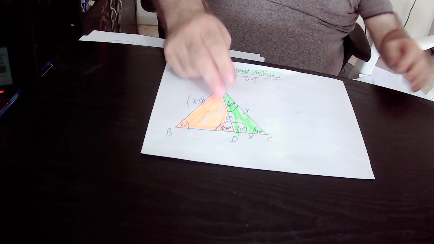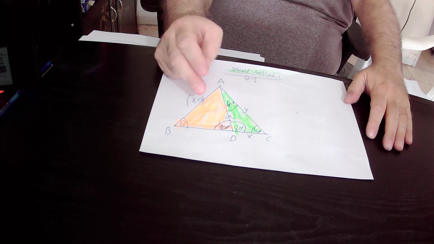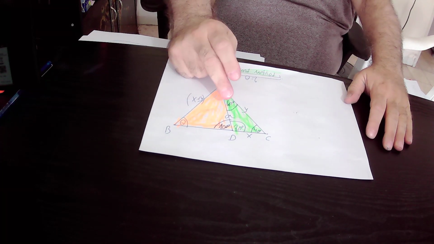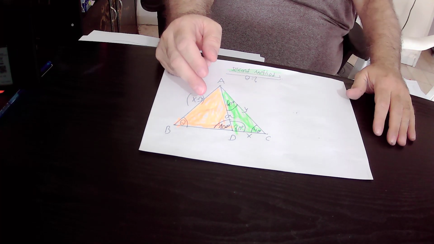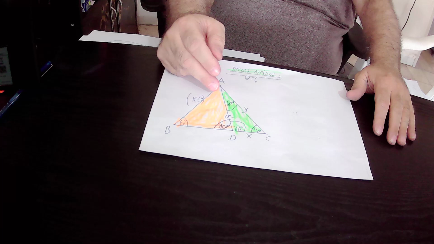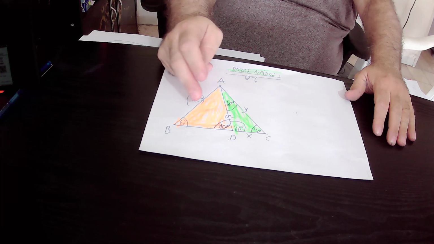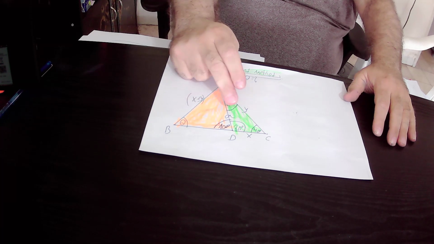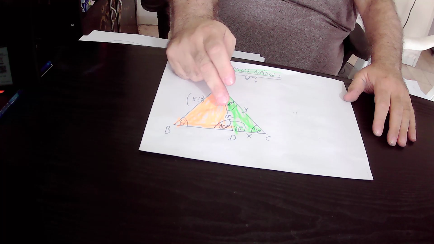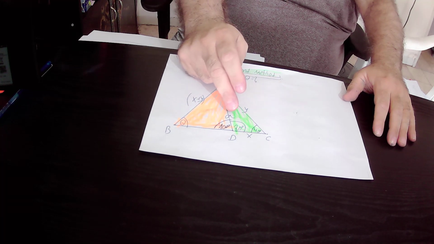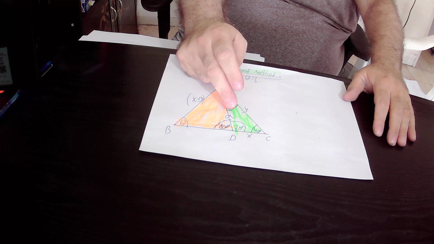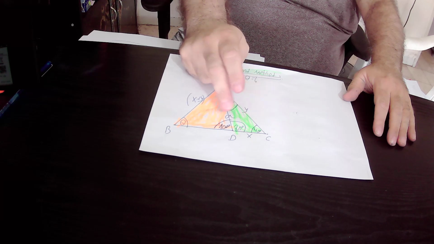Then we found out the size of this angle. ABC is a triangle, therefore BC is one side of triangle ABC, so BC must be a straight line. If we focus on the upper side of the straight line BC at point D, the sum of the angles must be equal to 180 degrees according to rule number 3. Which angles do we have at the upper side of BC at point D?